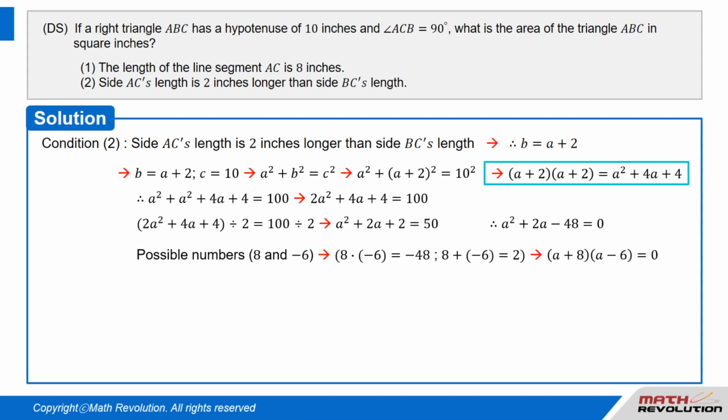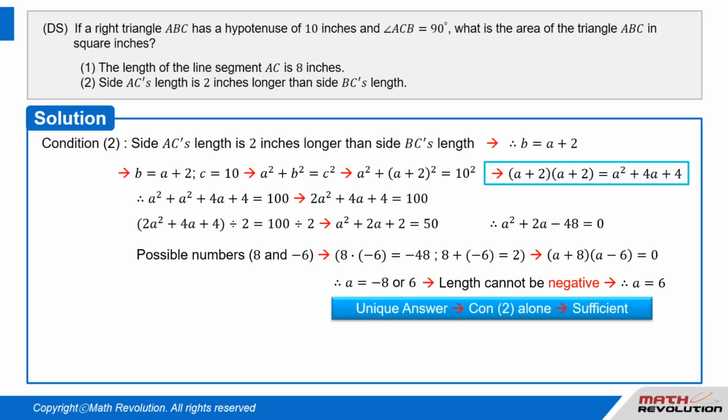Possible numbers are 8 and negative 6. The equation becomes (a plus 8) times (a minus 6) equals 0. So a can be 6 or negative 8. As the length cannot be negative, a will be 6. Since it is a unique answer, this condition is sufficient.